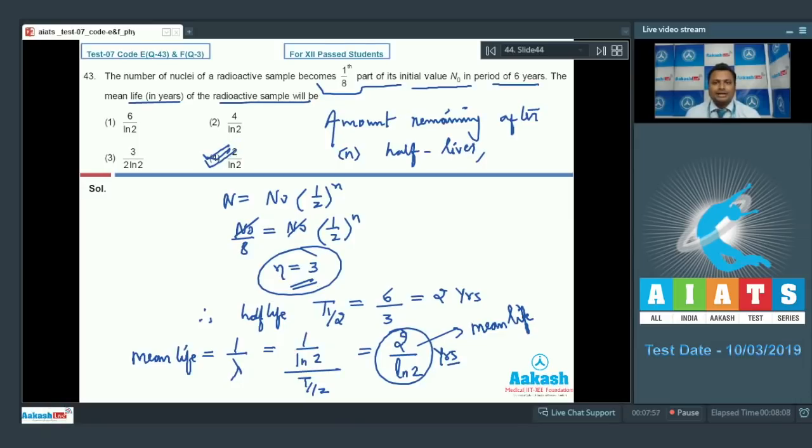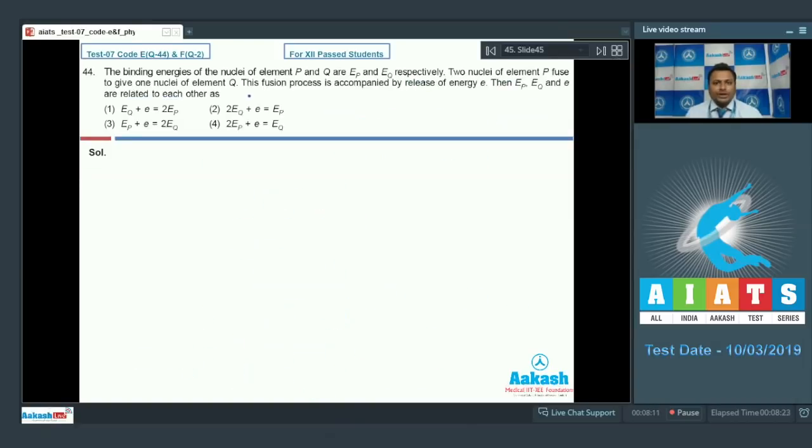Now let us proceed to the next question. Here is question number 44. The binding energies of nuclei of element P and Q are EP and EQ respectively. Two nuclei of element P fuse to give one nuclei of element Q, and this fusion process is accompanied by the release of energy E. Then EP, EQ and small e are related to each other like what?